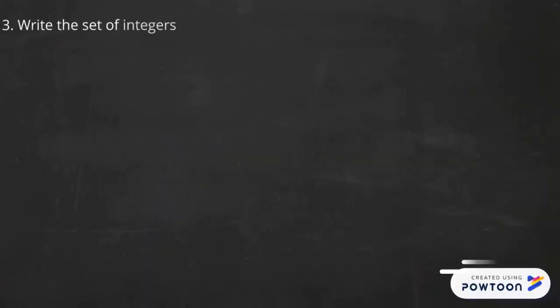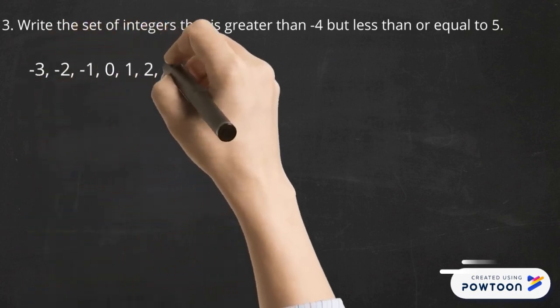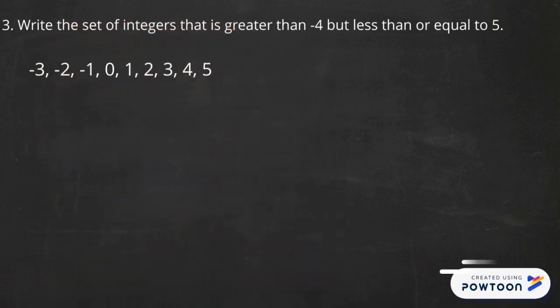Number 3. Write the set of integers that is greater than negative 4 but less than or equal to 5 using set builder notation. So integers can be positive or negative and they include 0. Now the integer that is greater than negative 4 is negative 3, and to be less than or equal to 5, so it includes 5. So that's the list of numbers that we have. How can we describe it in set builder notation?